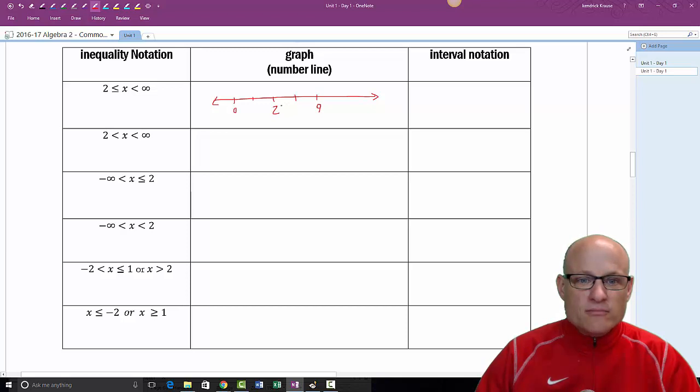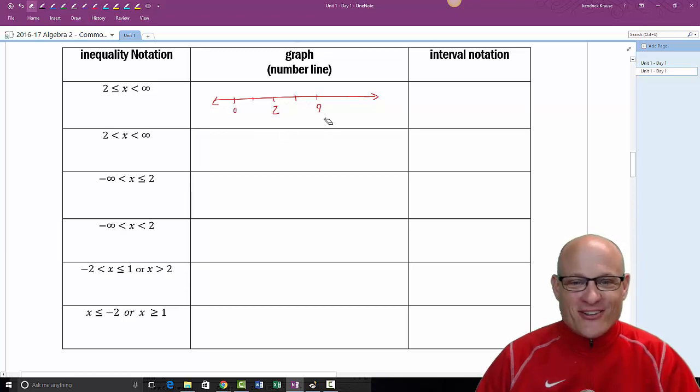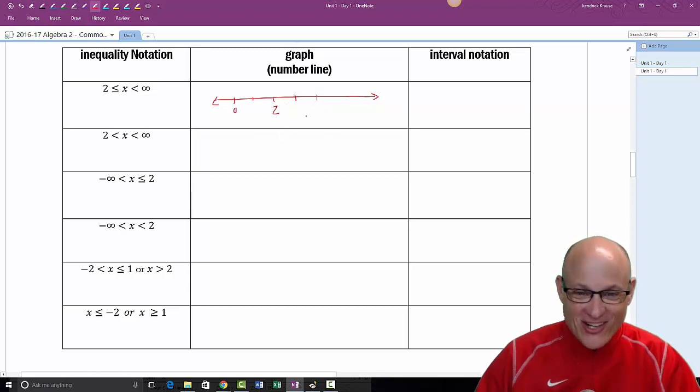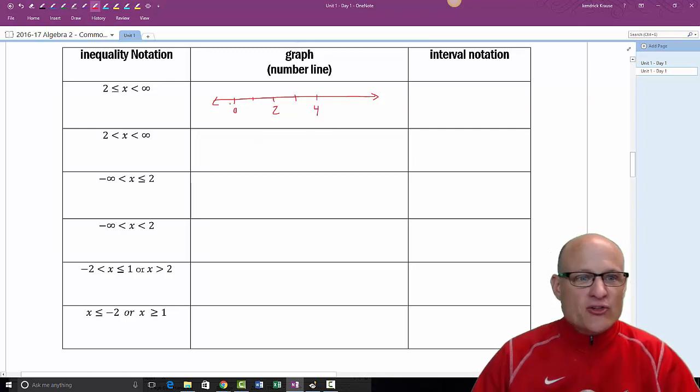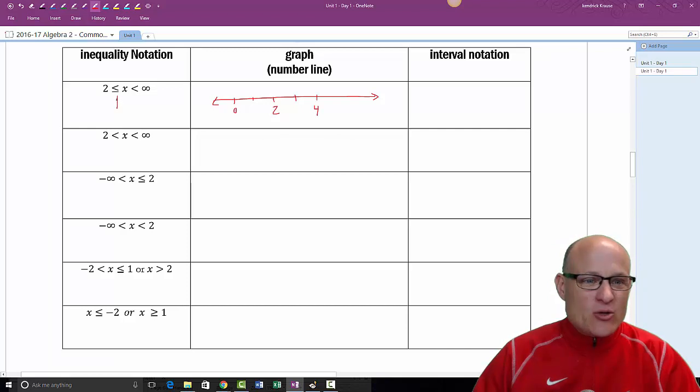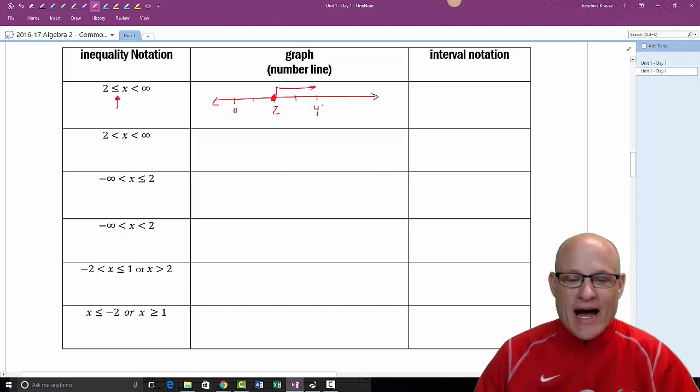Notice it has it equal to here on the positive 2, so that means we're going to do a closed circle. You have to remember your 9th grade algebra. And we're going to positive infinity, so we're going in that direction. Now, that's the way I do it.